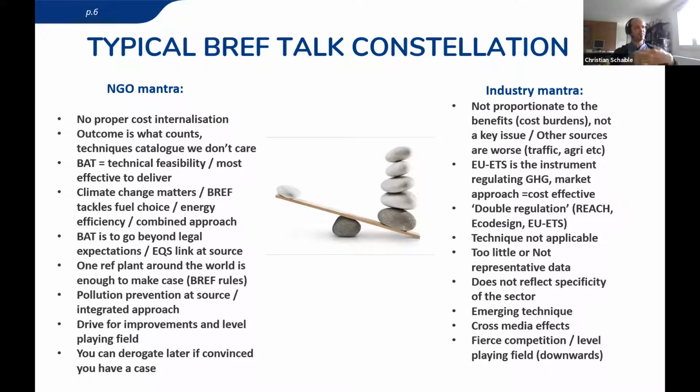So go a step further than REACH, faster, and also link with the environmental quality standards, the EQS. For example, we need to achieve certain objectives. Water is one important one, with good chemical and ecosystem standards to be achieved by 2027. So how can it be that we even talk about mercury emissions, at the stack or to the water, which don't fit these EQS objectives?